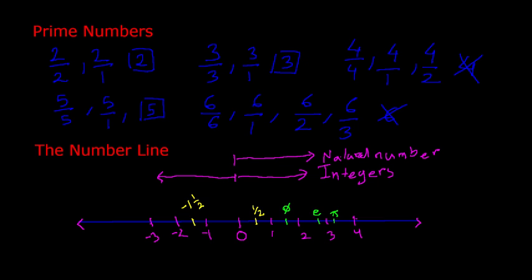Now let's have a look at the yellow numbers over here, which are fractions. These will be rational numbers. And the green ones over here, the golden ratio, Euler's number, and pi, these will be irrational numbers.